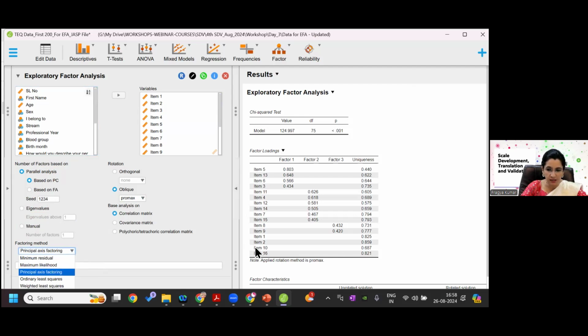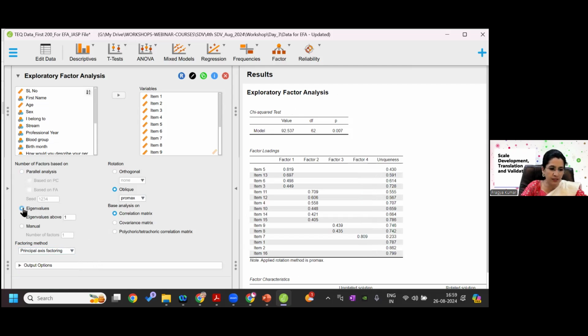You can see that here there is minimal residual, maximum likelihood, principal axis factoring, and ordinary least square. So best is your principal axis factoring. This should be there in the choice, because it will give you the most favorable factor structure. So select principal axis factoring, where you assume that it is working on shared variance principle. And parallel analysis by default it takes, if you try to go with the eigenvalue. Let me show you one by one.